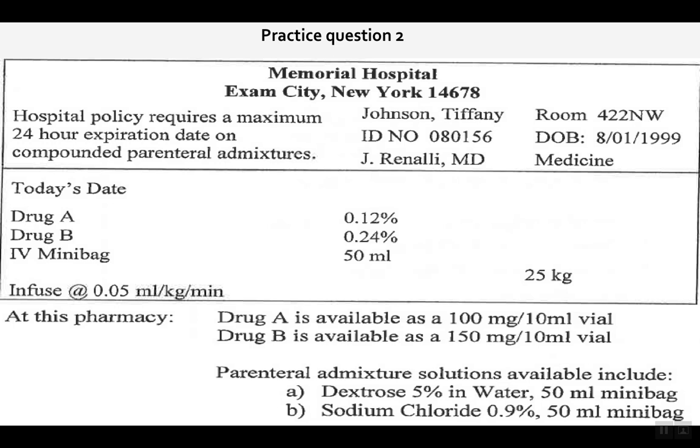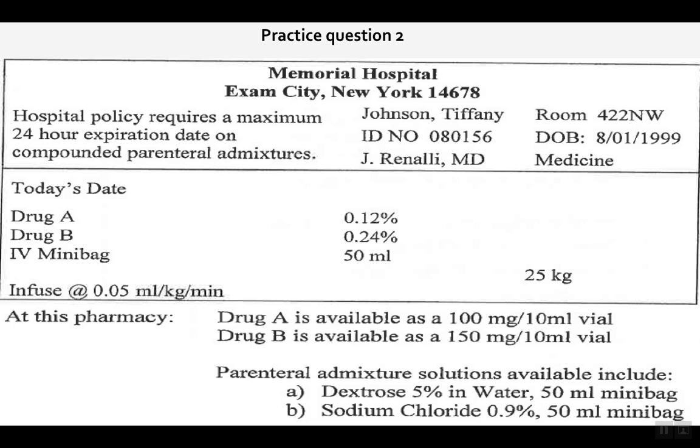The percent simply means per 100, so it's 0.12 grams per 100 ml. For every 100 ml you have, there's 0.12 grams of drug A. And the same thing for drug B: for every 100 ml you have, there's 0.24 grams of drug B. But in this case, you don't have 100 ml, you only have 50 ml, so you're going to need half of those.